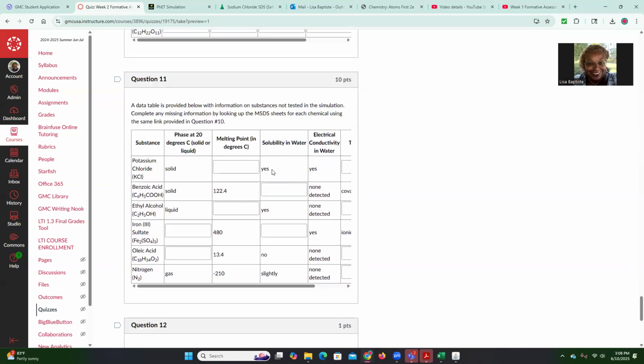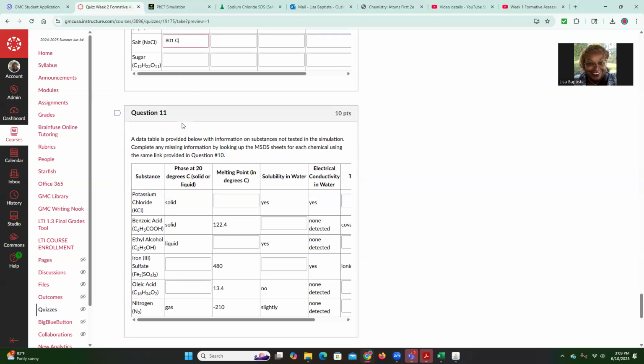So then we come down to question number 11. A data table is provided below with information on substances not tested in the simulation. Complete any missing information by looking up the MSDS sheets for each of the following chemicals. Okay, and so it gives you the name as well as the formula.